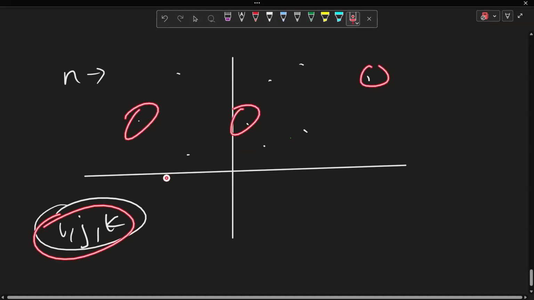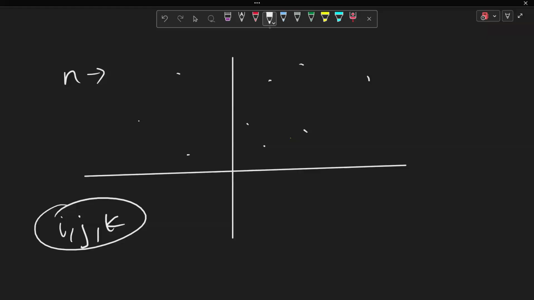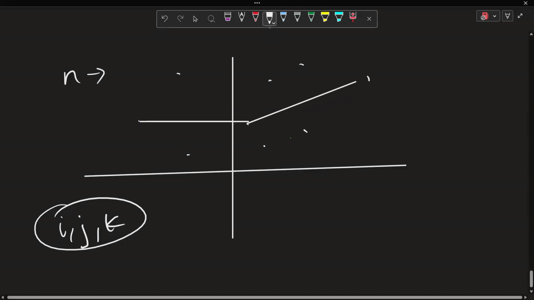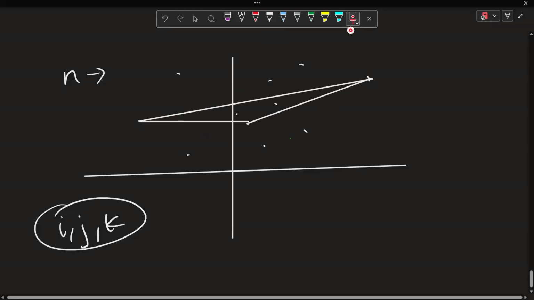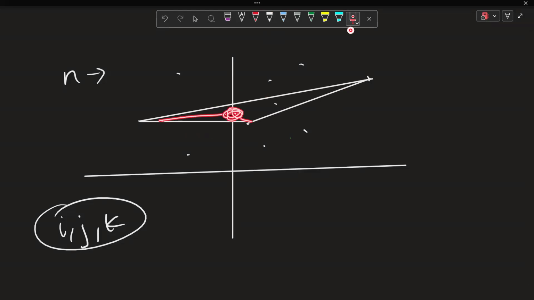The triangle formed using these 3 points, inside this triangle, if there is some point present, the interactor would give you that point. It would just give you the index of that point.